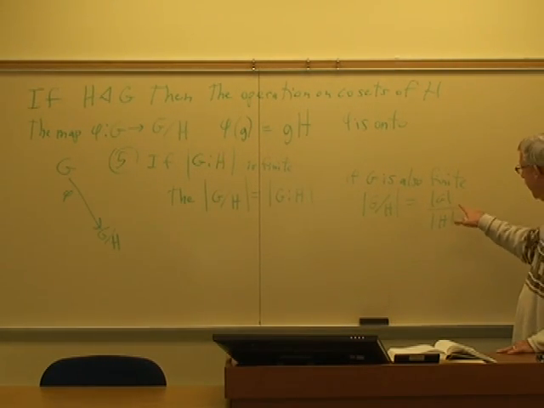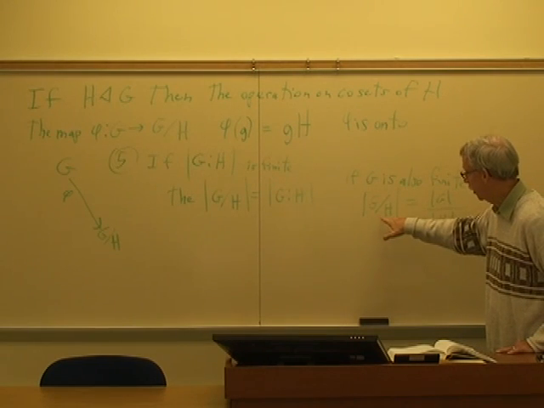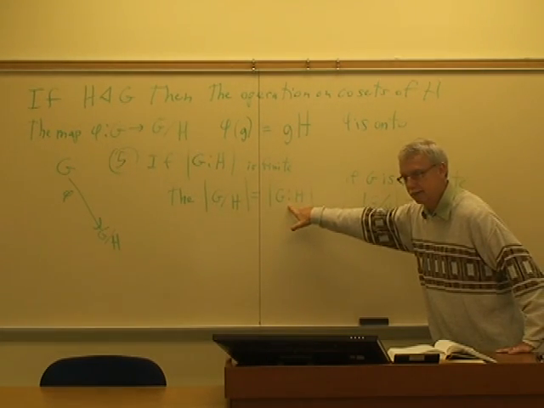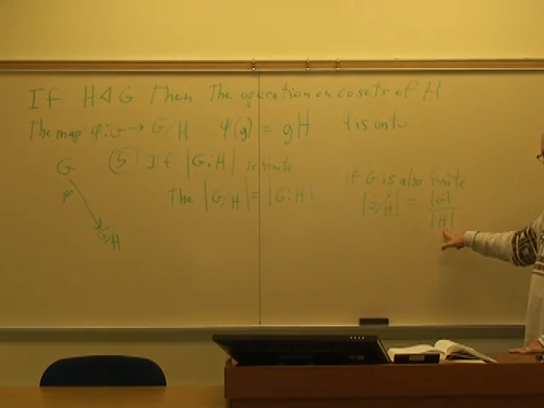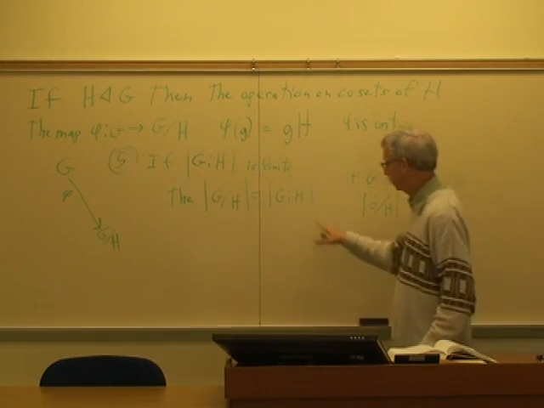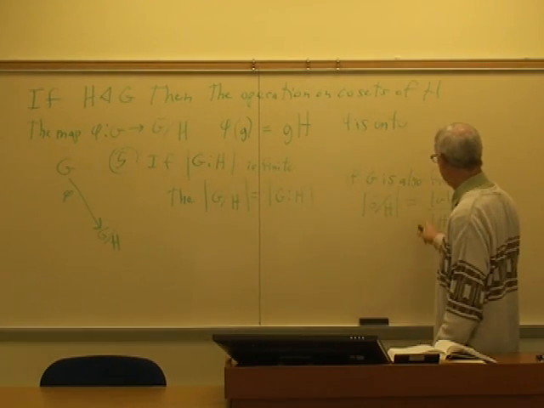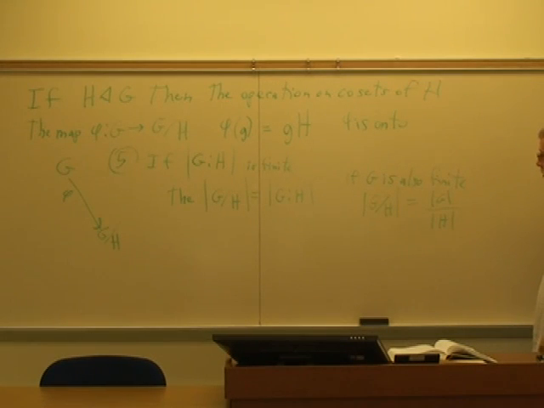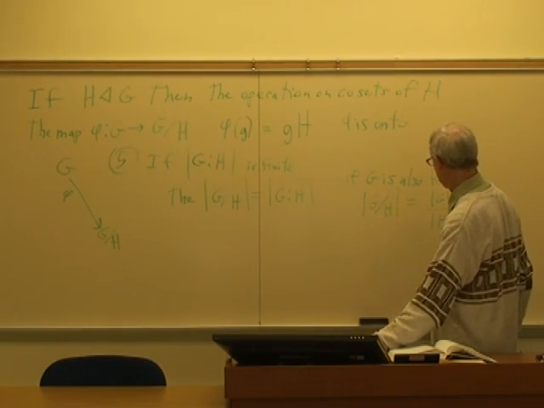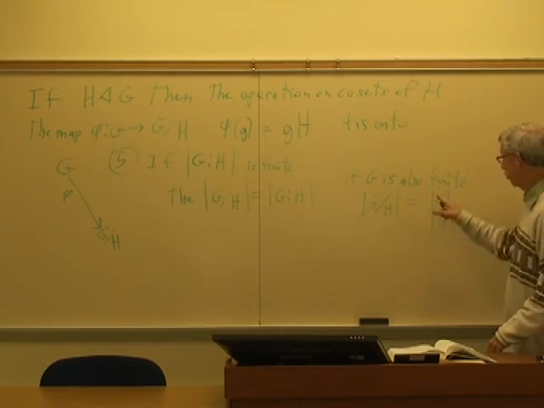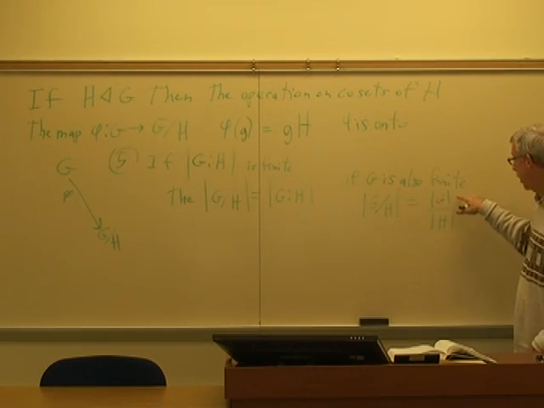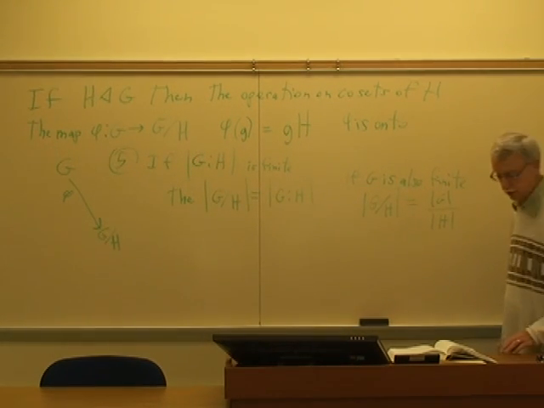Lagrange's theorem says that the size of G is this times that, right? So this is just a direct application of Lagrange's theorem. This is real handy, but it only works when G is finite because I have to compute this number and divide.